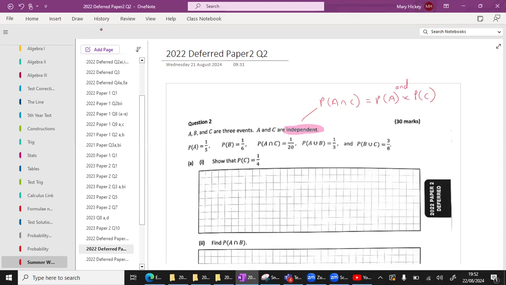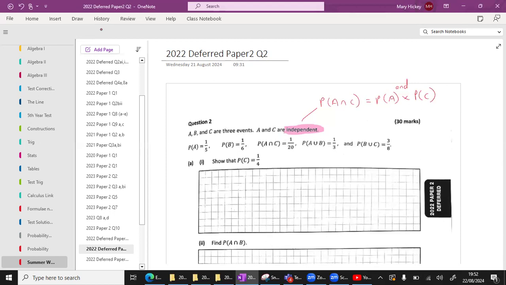So the probability of it raining and doing super in your exam is the probability of rain multiplied by the probability of doing super, because one does not influence the other.